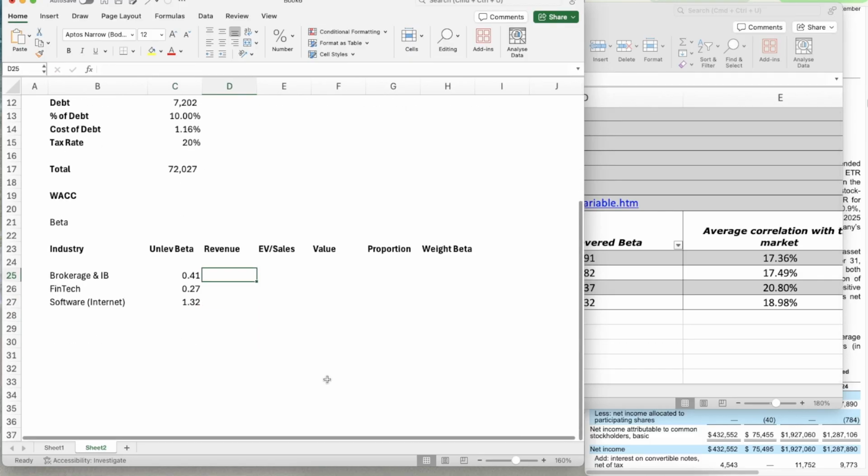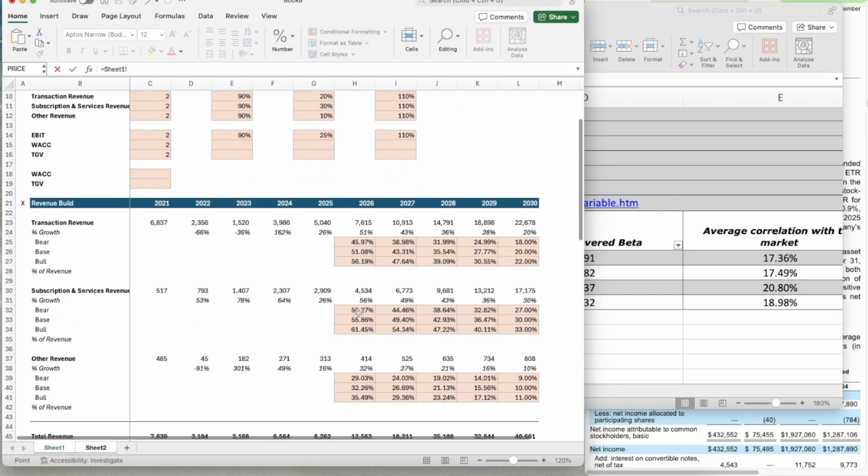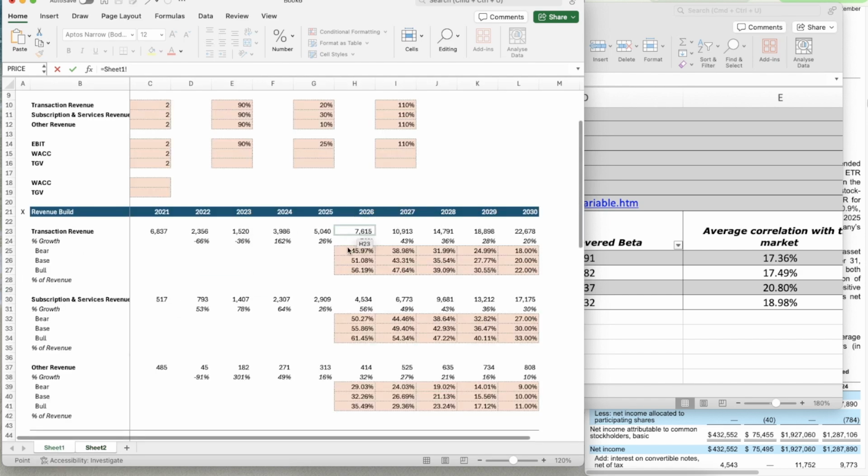The revenues for this, so the brokerage is quite easy. Just put it equal to the transaction rate. Then the fintech, we can say it's the subscription and services.